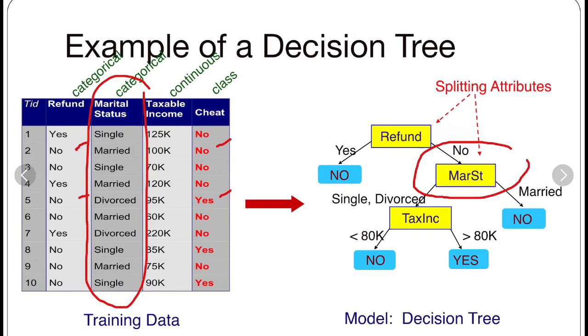Let's say the second attribute, that is marital status, is the splitting attribute. So let us construct the if-then rule for the second attribute. Please bear in mind that you need to include the first attribute as well in the if-then rule. So I'll give you another minute to look at the marital status with refund and compare it with the cheat class.